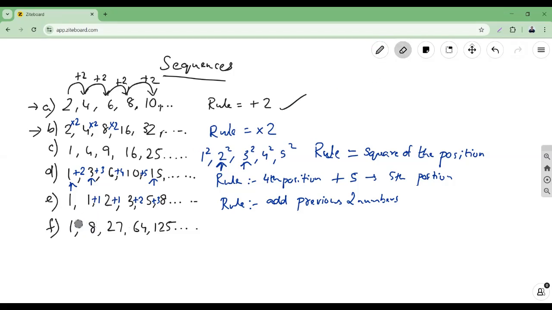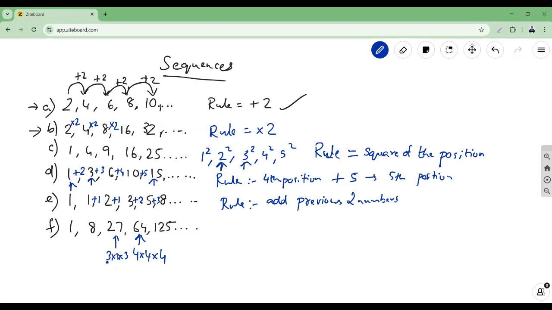When I see the numbers, I get to know. I see something here. 64 is actually 4 into 4 into 4. I have noticed this number because I know that 64 is 4 times 4 times 4. Okay. Does it work for this one also? Yeah, it is 3 times 3 times 3.